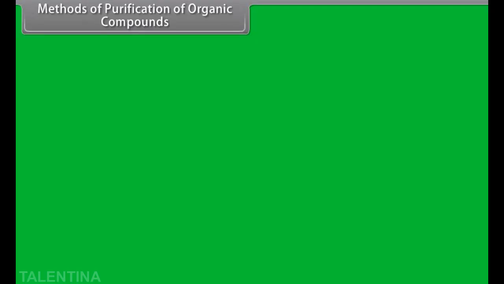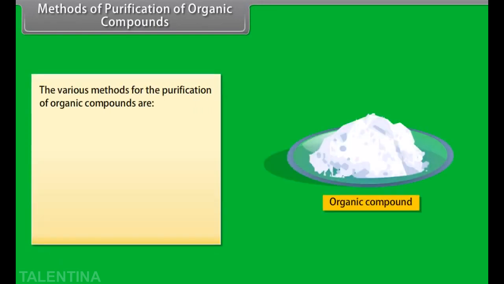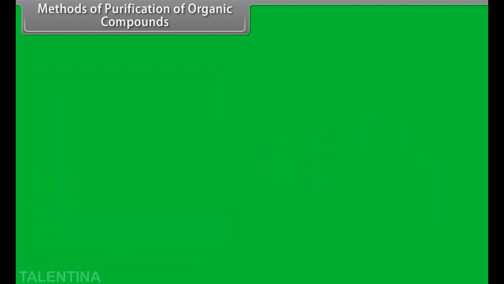The various methods for the purification of organic compounds are sublimation, crystallization, distillation, differential extraction, and chromatography.